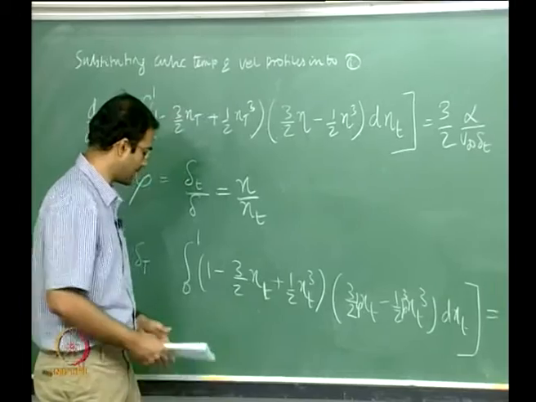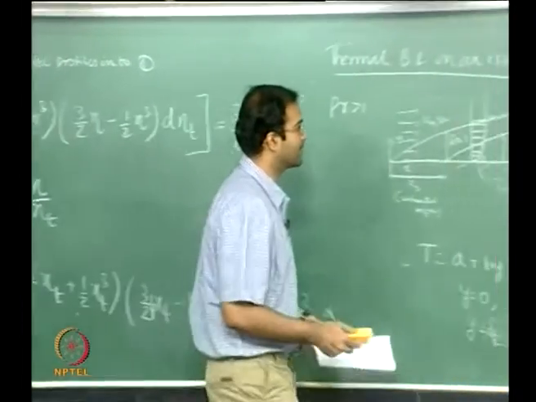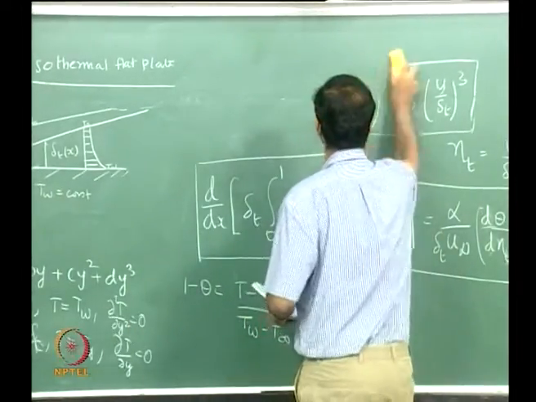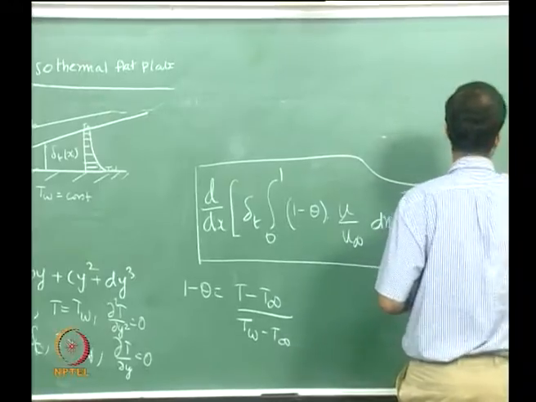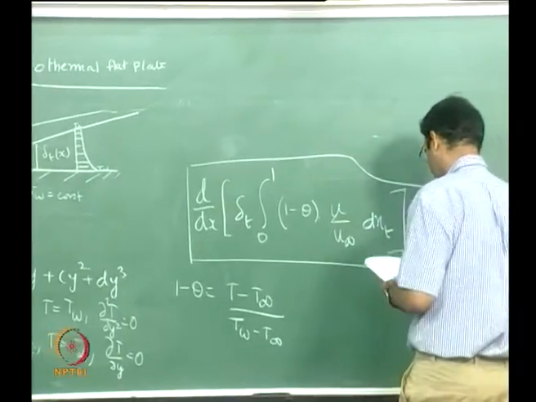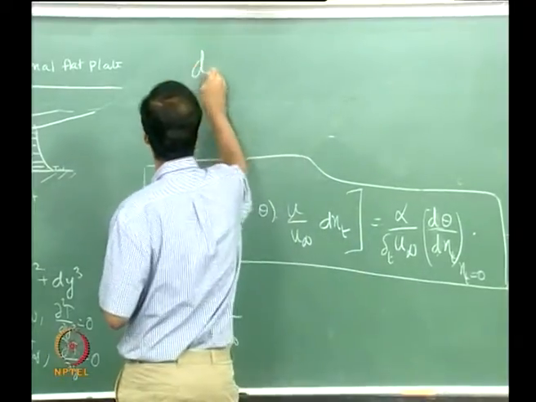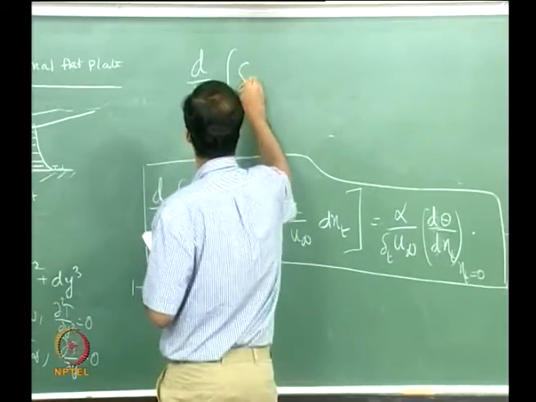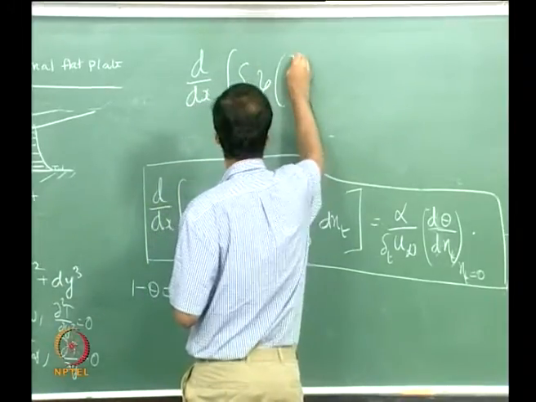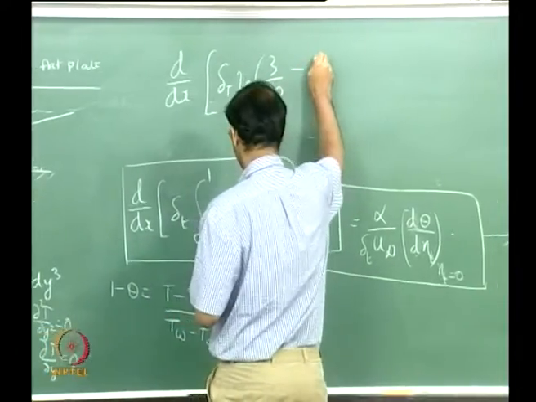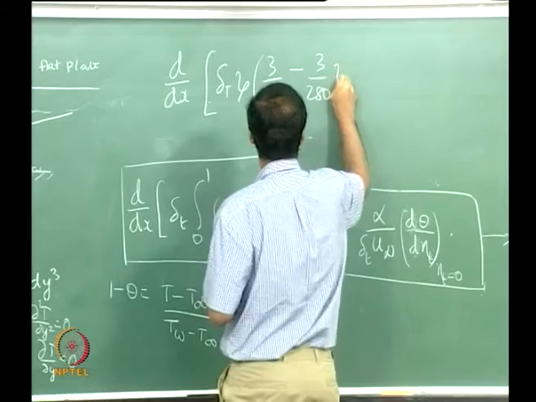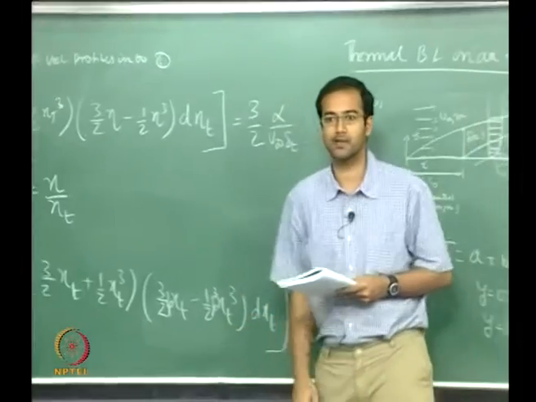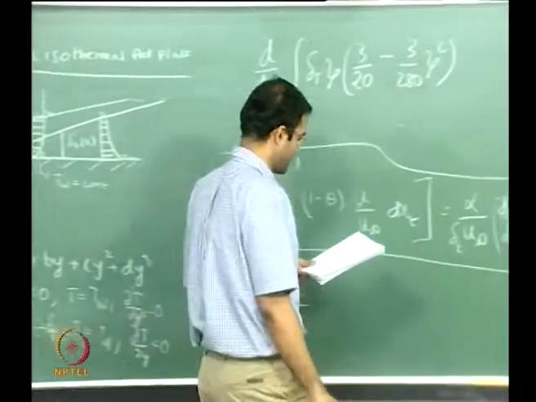I am not going to do it step by step, but this should come out to be d by dx of delta t, and if you take zeta common, this should become 3 by 20 minus 3 by 280 zeta square. This zeta cube term we can write as zeta common out and zeta square inside.